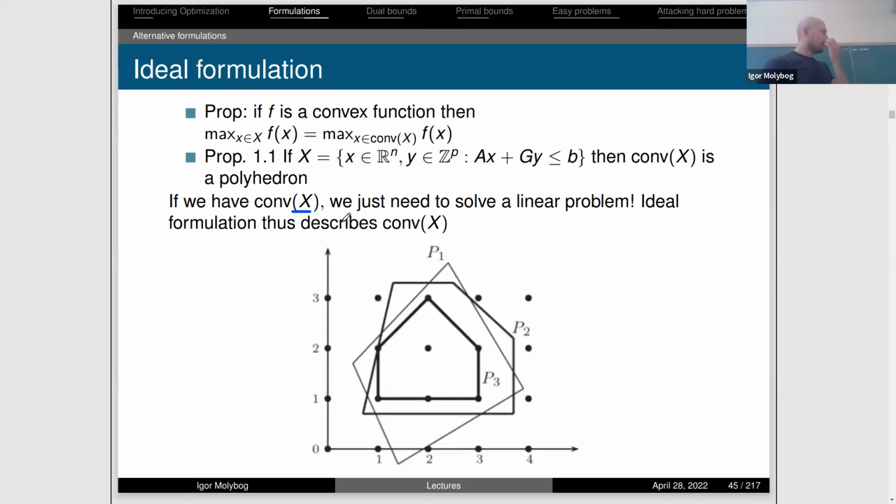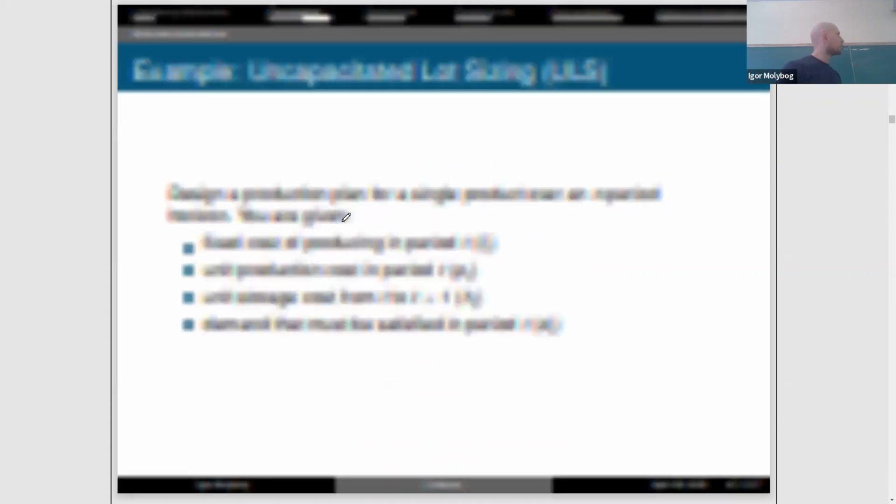And the later part of our discussion about cuts and valid inequalities is very much related to this notion of a better formulation, because introduction of cuts, introduction of valid inequalities brings your formulation closer to the ideal formulation for which the solution of the linear programming relaxation coincides with the solution of the original problem.